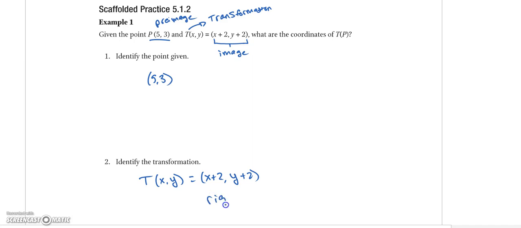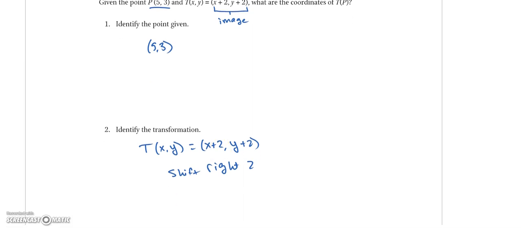We said that will go right 2, let's say shift right 2, actually, let me use the correct vocabulary here. Translate right 2 and up 2. It's the same as a shift.